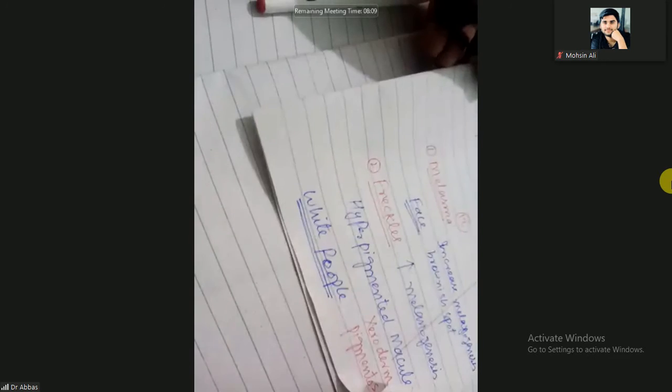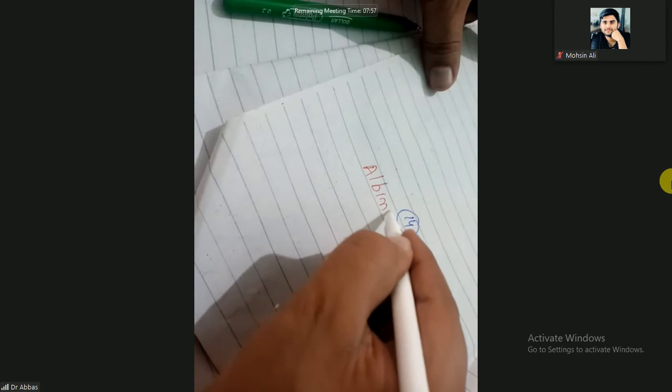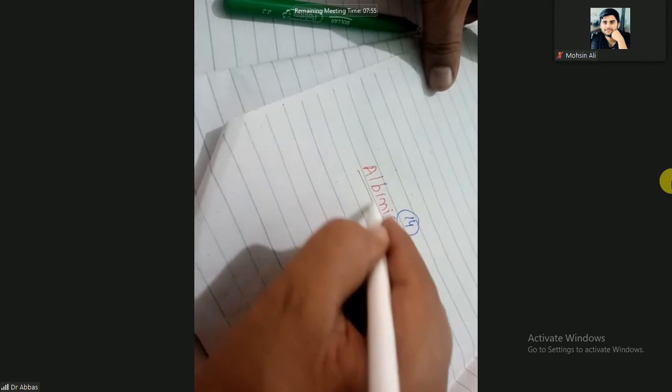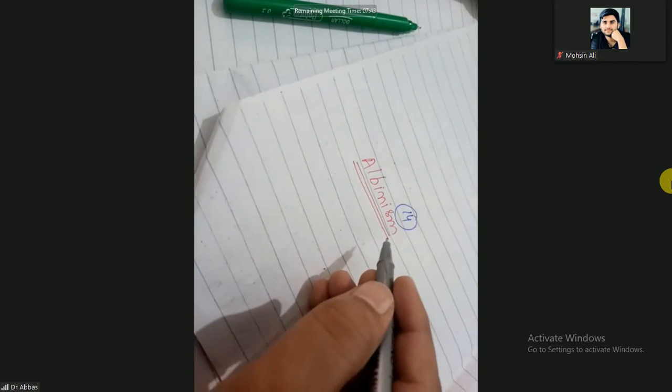Now, the last one after the freckles is albinism. So let's move on to albinism. In your FSC classes, maybe you have studied a little about albinism. Albinism is a defect in melanogenesis.